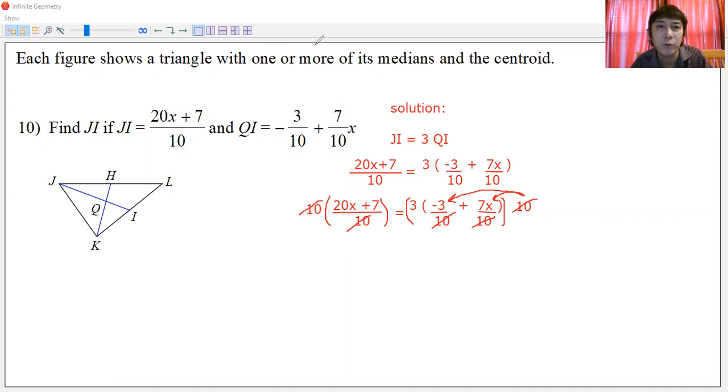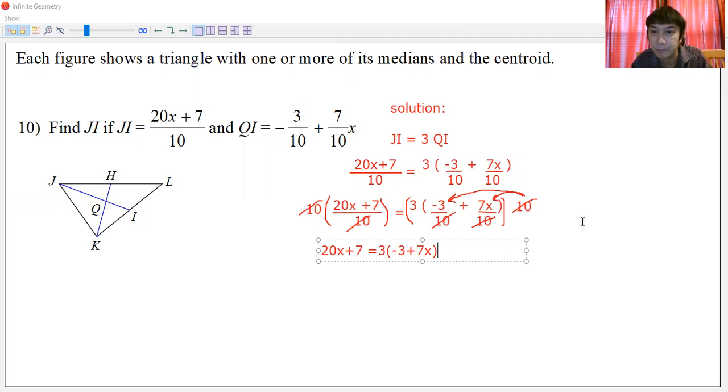And so the left side will just become 20x plus 7, and this is equal to 3 times the quantity negative 3 plus 7x.